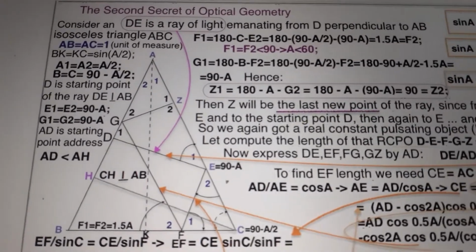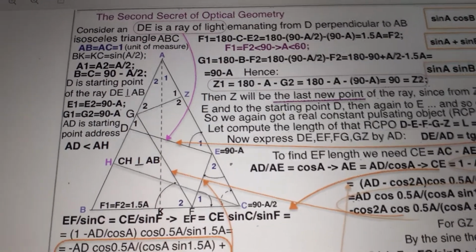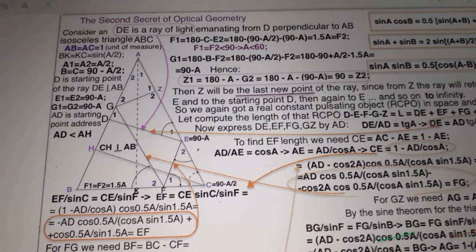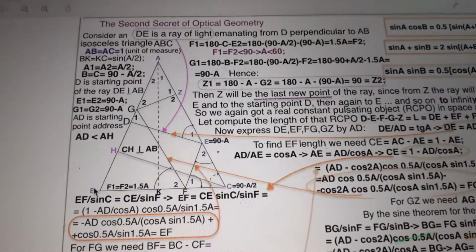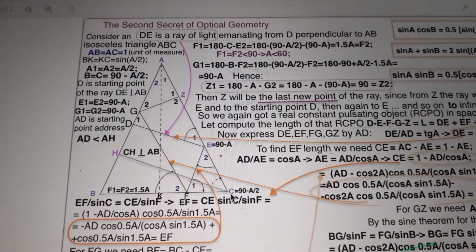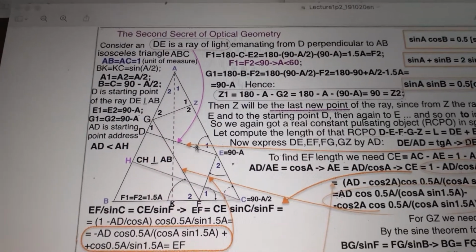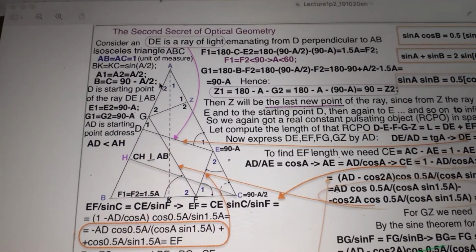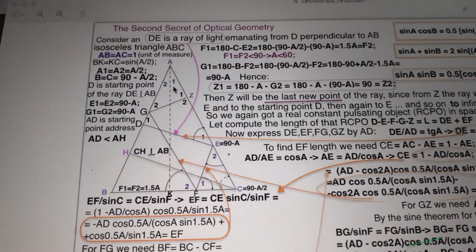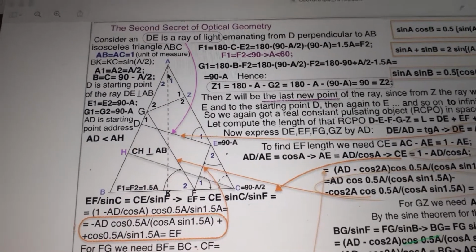AB is equal to AC and equal to 1 unit of measure, and BK is equal to KC and equal to sine of half of angle A. Angle A1 is equal to angle A2 and equal to half of angle A.